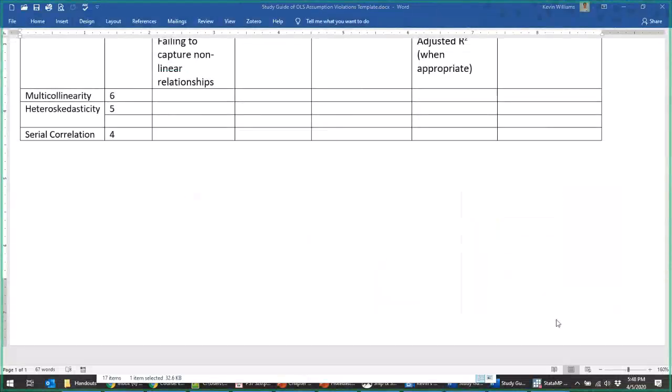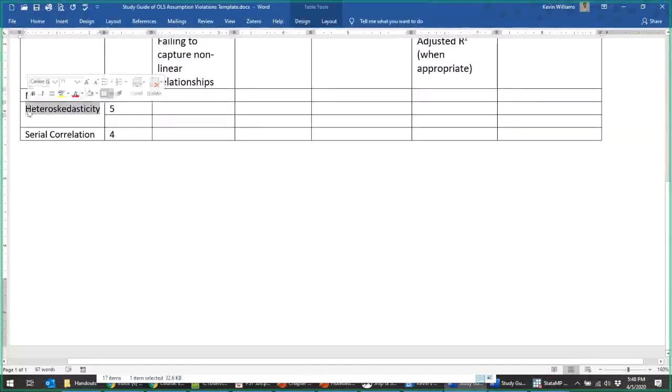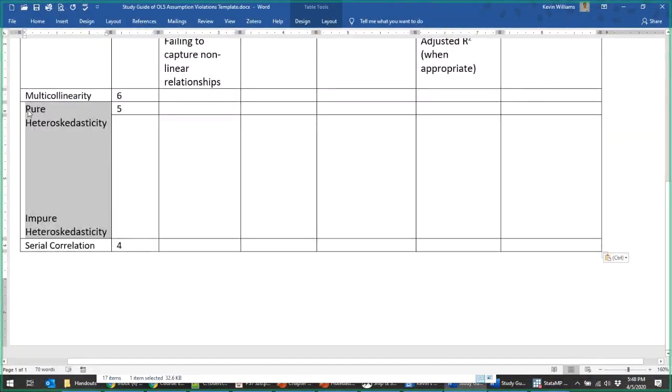Heteroskedasticity actually has two versions of it. There's what's called pure heteroskedasticity and impure heteroskedasticity. And so I'm quickly going to fill in this sheet. This will be on Moodle. To give you a sense of where the lecture is going, then we'll dive into the details.